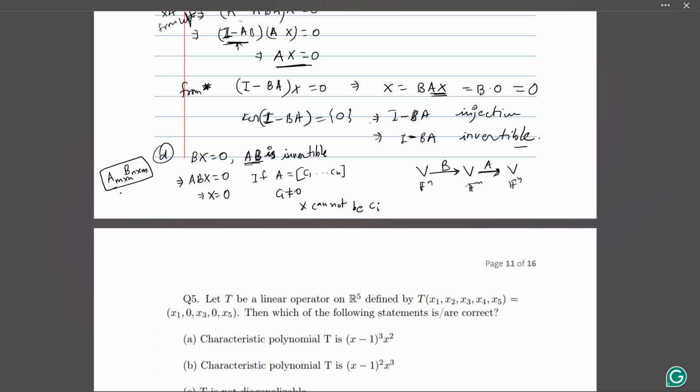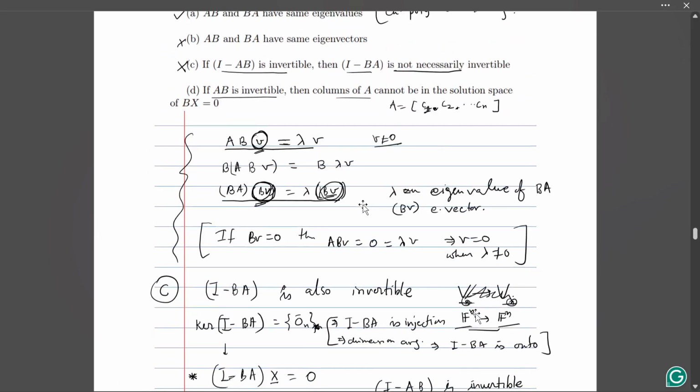I'm saying when M is equal to N, if the multiplication or composition is invertible and the dimension is same, then they are invertible. Okay, so X cannot be any of Ci because X is 0 and Ci's are non-zero.